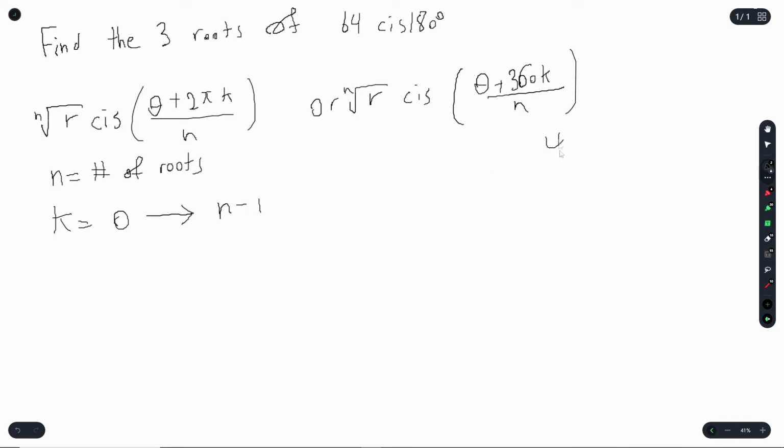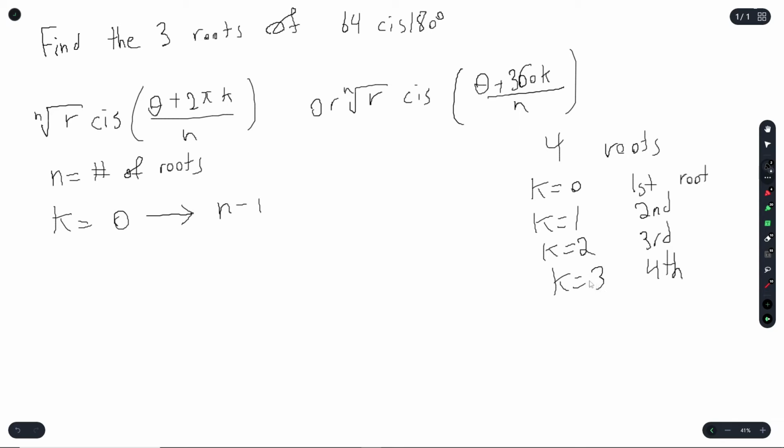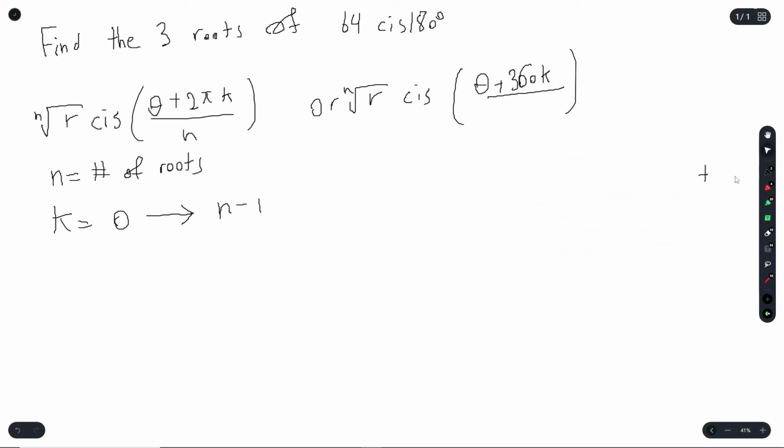So if we have like 4 roots, our first root has a k of 0, our second root has a k of 1, our third has a k of 2, and our fourth has a k of 3. So it goes from 0 till n minus 1. Here n is 4 and the maximum k is 3. Okay, but this is not our example, so we don't need it.